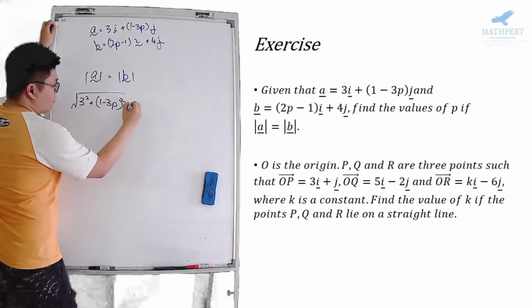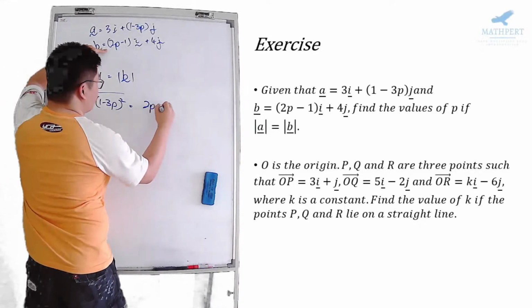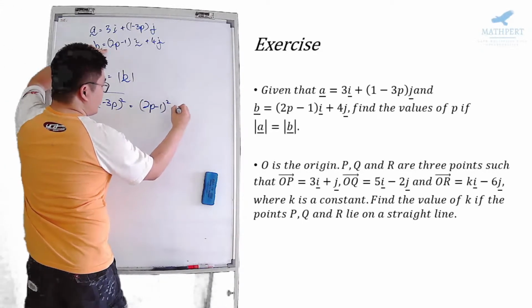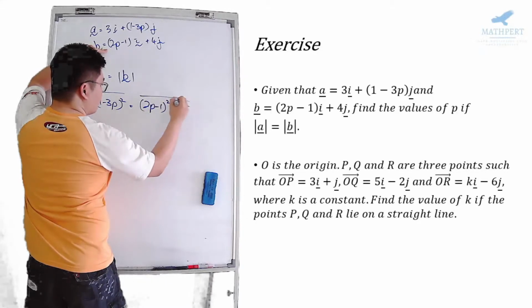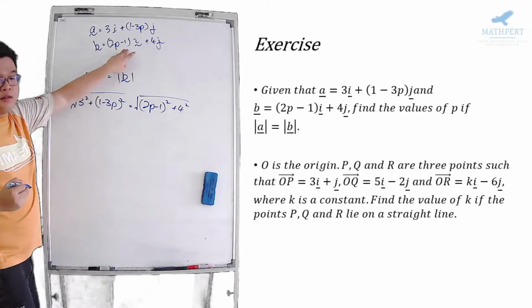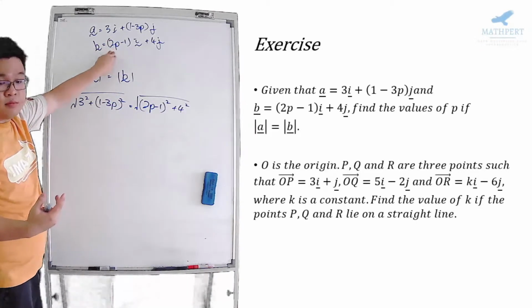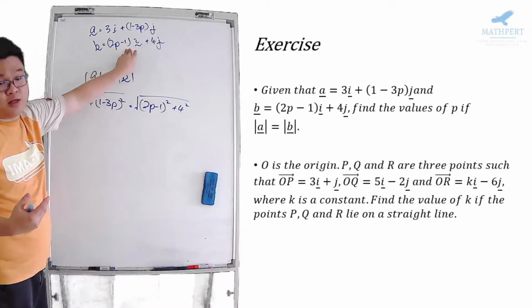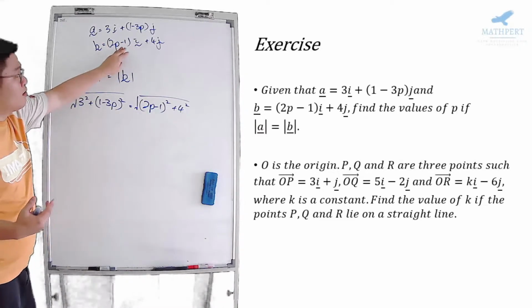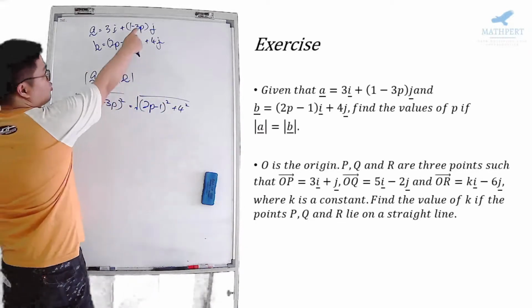Magnitude of B will be the square root of (2p minus 1) squared plus 4 squared. Remember, 2p minus 1, the whole thing squared. We do not only square the 2p or the negative 1. Same goes to this one.